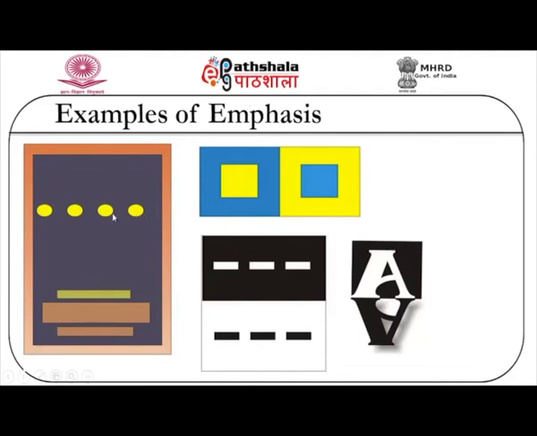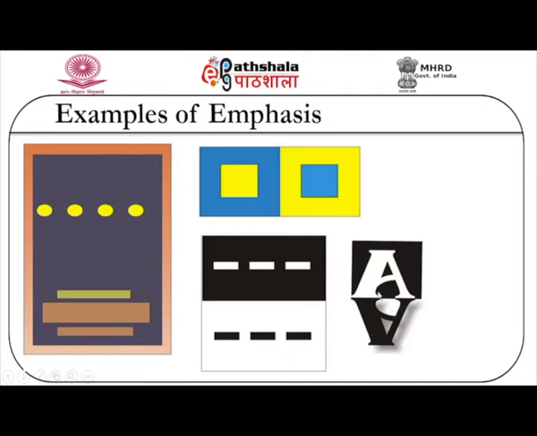If we see here, the dots are being emphasized by having different shapes and different color when compared to these blocks. Here we can see that the inner square is being emphasized by having a different color. Similarly, here also the inner square is emphasized by having a different color. Here we can see that the entire black part is emphasized by having a different color with respect to the other part of it.